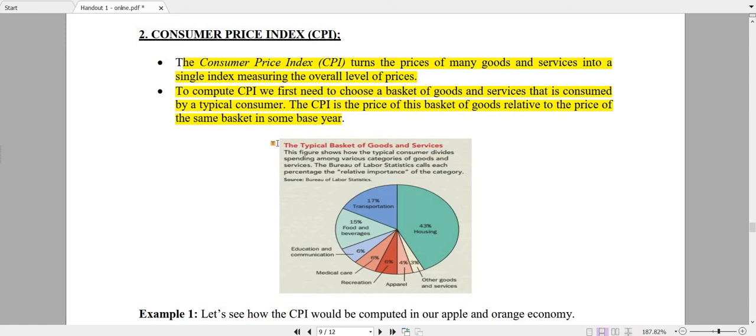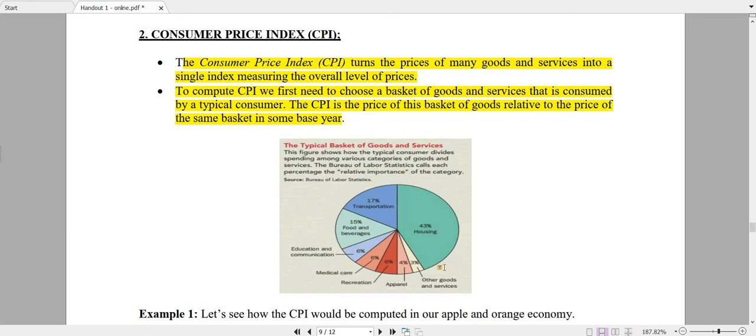In CPI, the trick is to select the basket first, and we're going to keep this basket constant from one year to the next, and we'll try to assess how the cost of this basket changes over time. In reality, this is how a typical basket of goods and services gets selected.